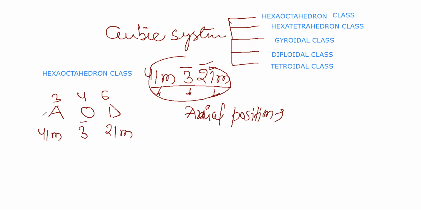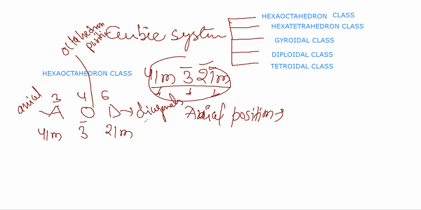What we have, this is the axial position. This is the octahedron position. We'll see what these positions are, and these are diagonals. So axial and diagonal we have seen. Octahedron I'll show you.